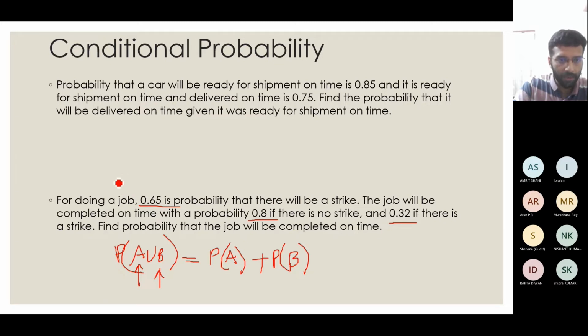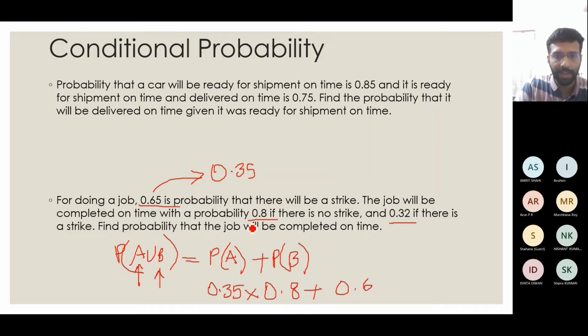From this I can know that 0.65 is the probability that there is a strike, and 0.35 is the probability that there is no strike. In case there is no strike, I can complete it easily, so the probability is more here, 0.8. The second case is that there was a strike, and in this case the probability that I will complete the job will be less.